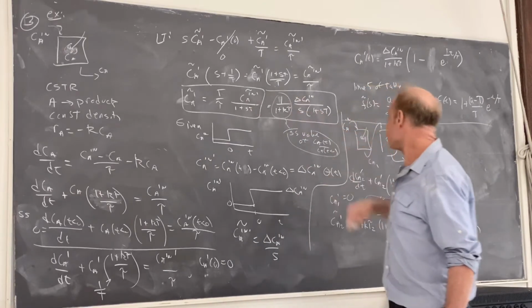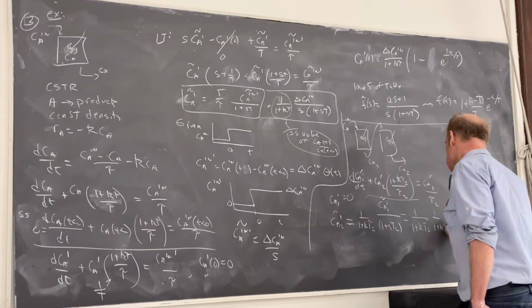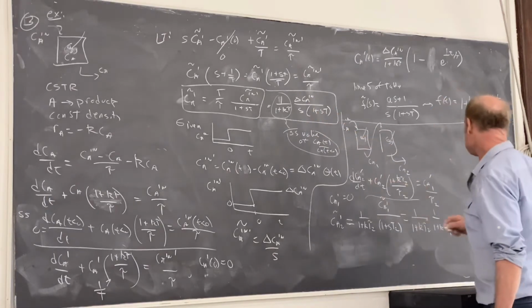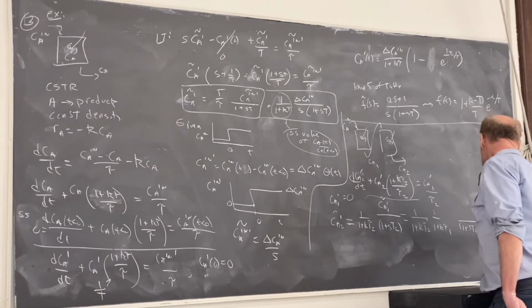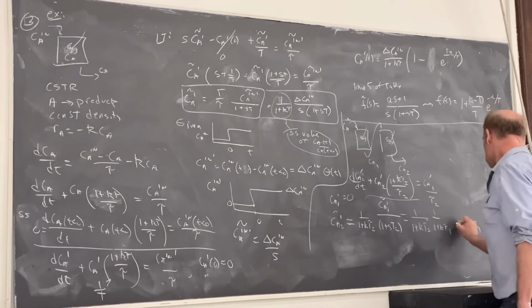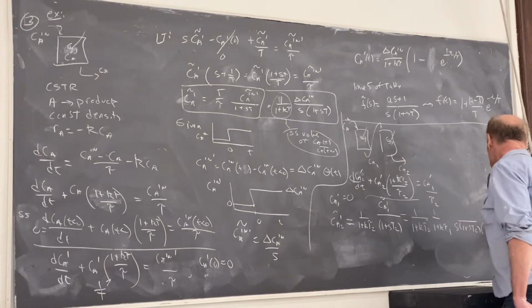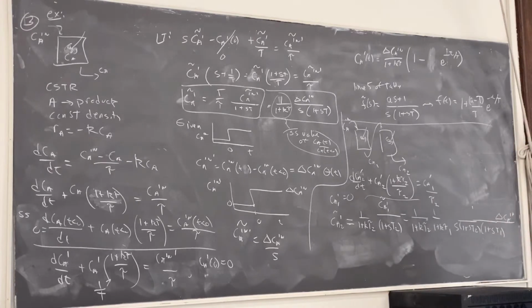It's 1 over 1 plus k tau 1 times delta CA in divided by s times 1 plus sT1. Are you following me how I did that?